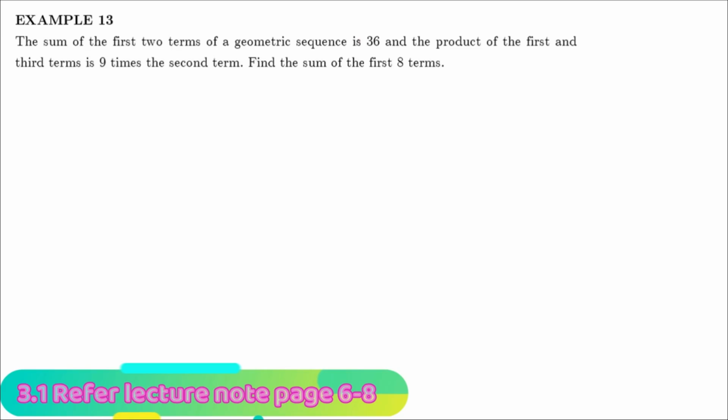Now look at example 13. The sum of the first two terms of the geometric sequence is 36, and the product of the first and the third term is 9 times the second term. And we are to find the sum of the first 8 terms, which is, in this case, S8.